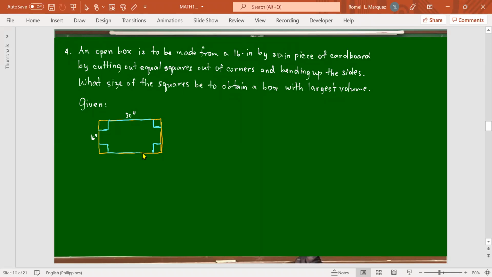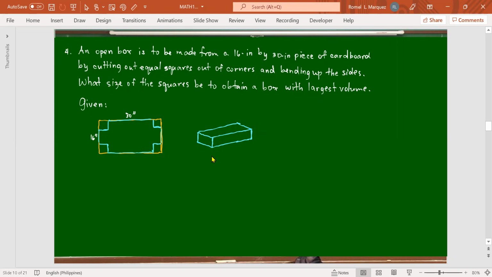Then you have to bend up the sides. So this is the height. When I stand it up, it will be like this. Get it, guys? It becomes like a matchbox. Children, understand?